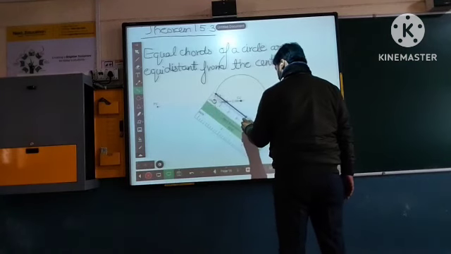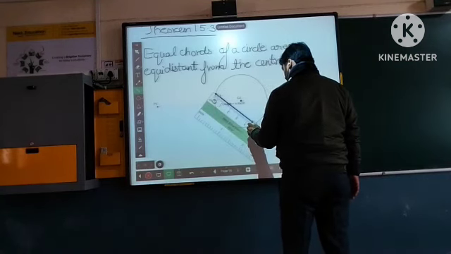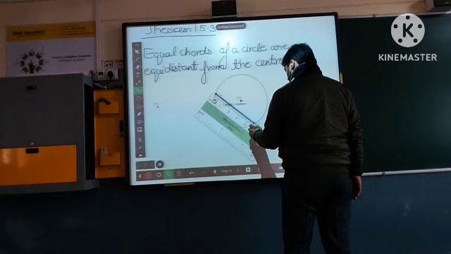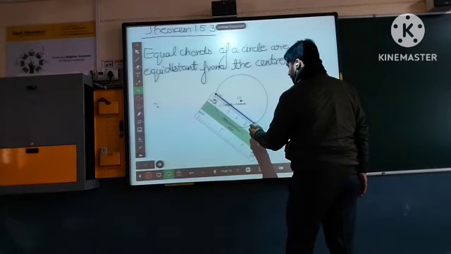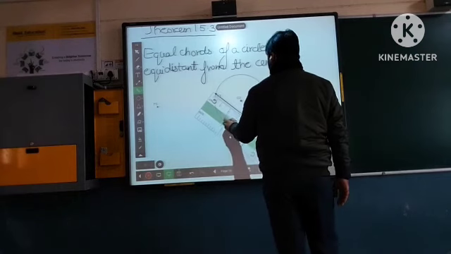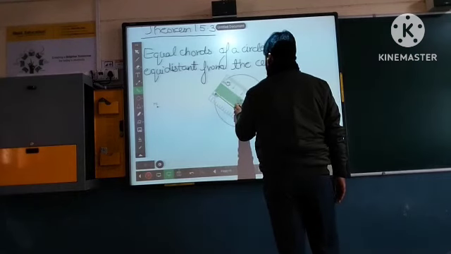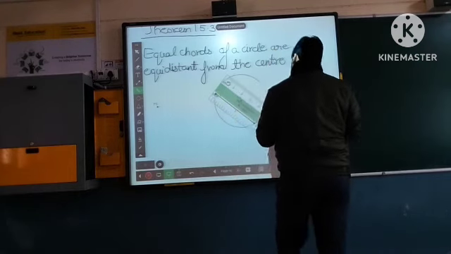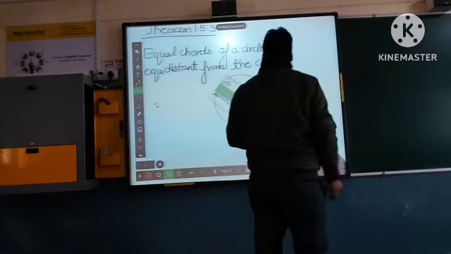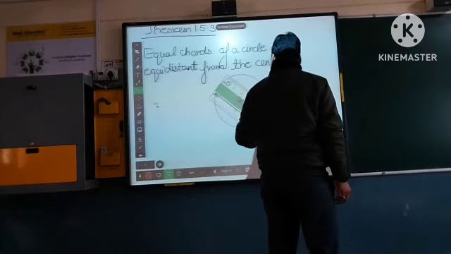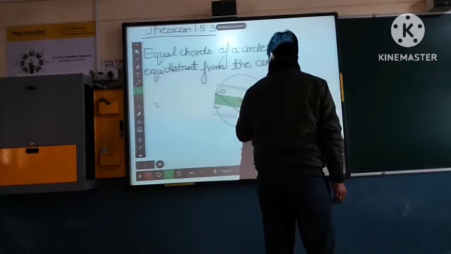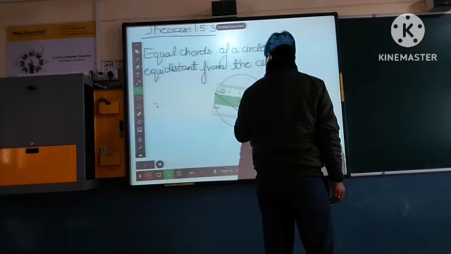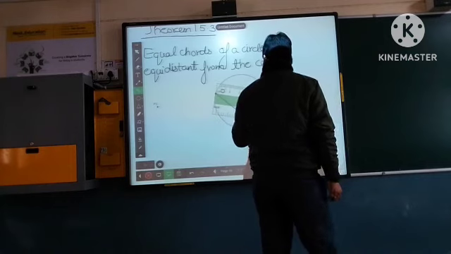We will draw the first chord AB. By construction we can only show how we are fixing the length, but when we fix the length they will come too close to the circle center. That will not be very fruitful in that regard. Okay, see, this is coming very close to the center now.